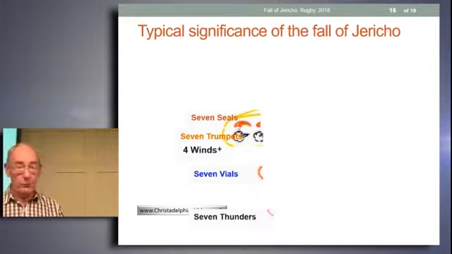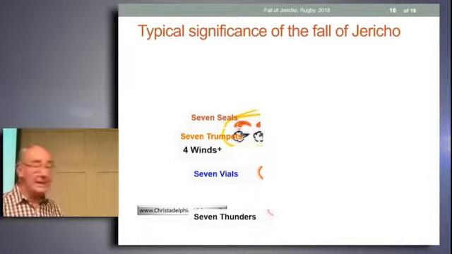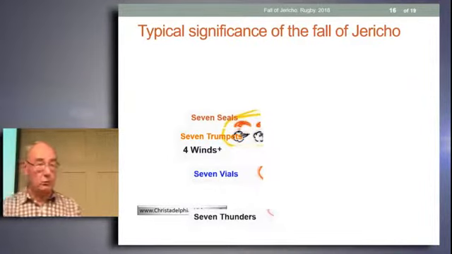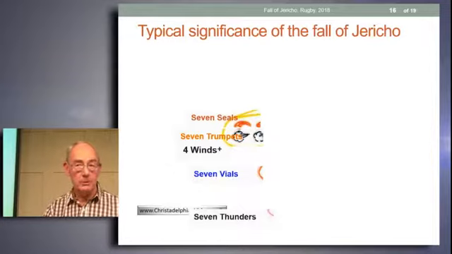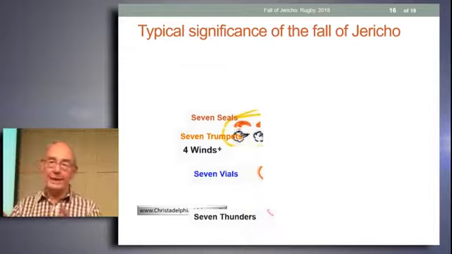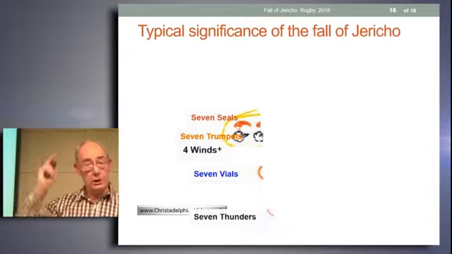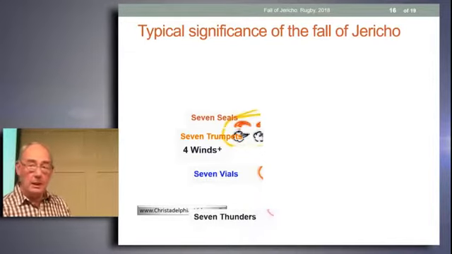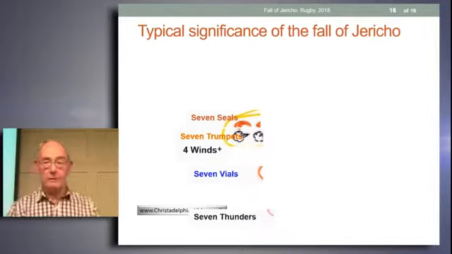Now, we believe that we're probably living in this period here, of the 6th vial, when the great river Euphrates, that is the Turkish power, was dried up, which has been done, roughly in our areas, probably completely dried up in 1917, when Allenby drove the Turks out of Palestine. And we're still waiting for this 7th vial.